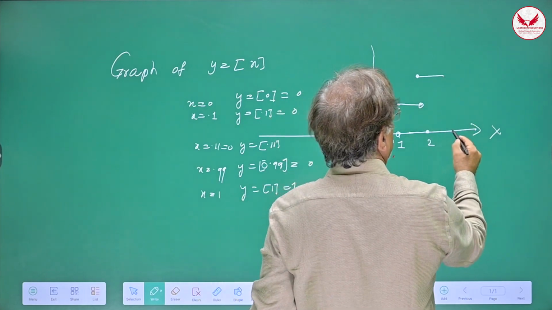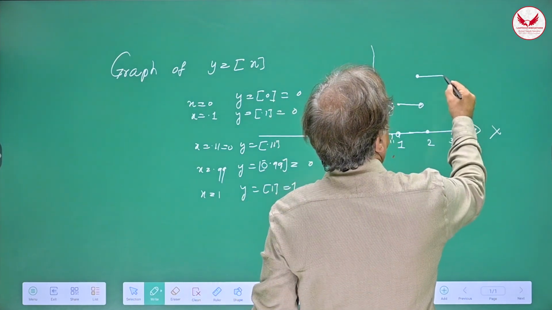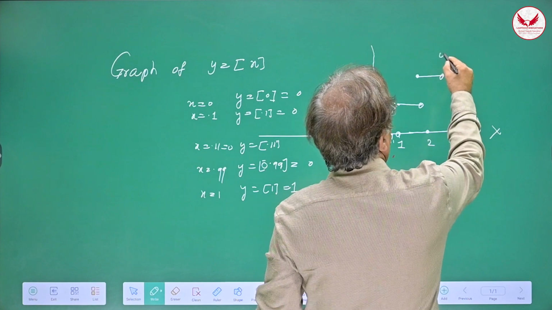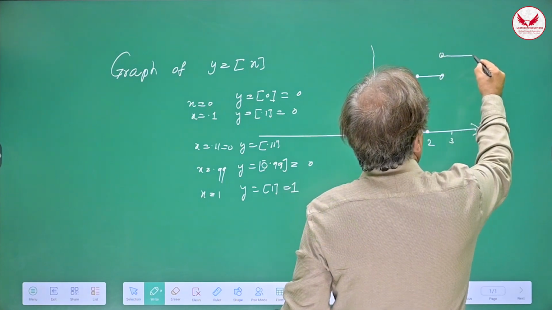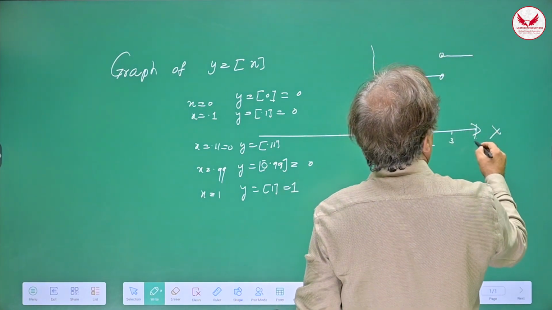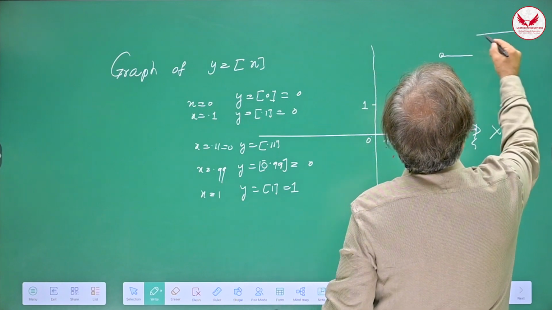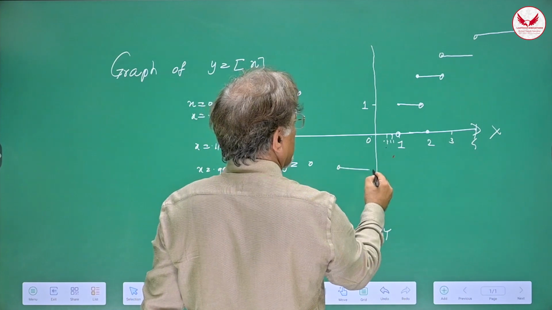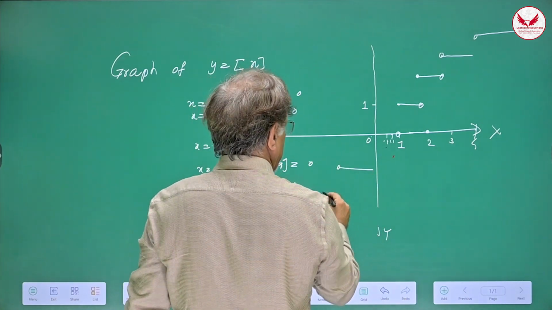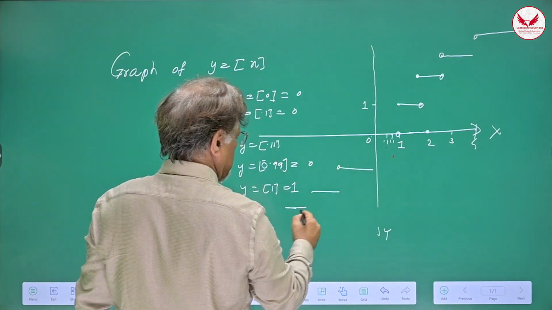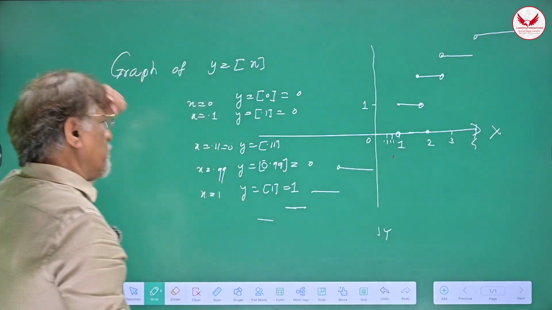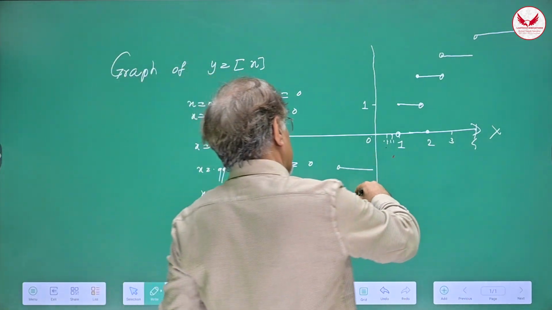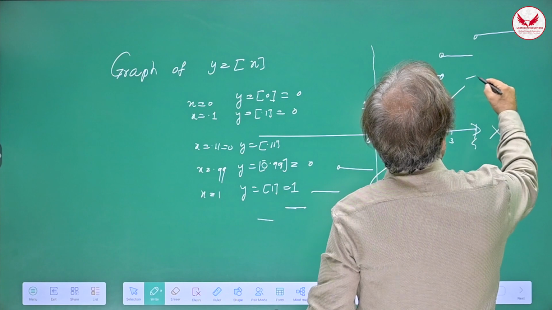Between 2 and 3, the graph is like this. Here it is open, but here it is closed. So at 3, it becomes like this. And then 3 to 4, the graph goes on like this, and below also it will go like this. So this graph looks like steps. These are all steps.